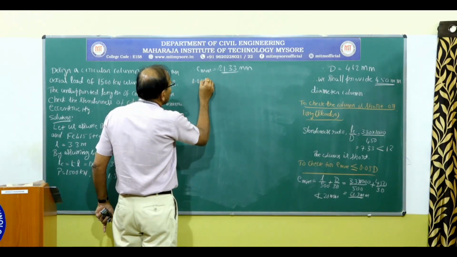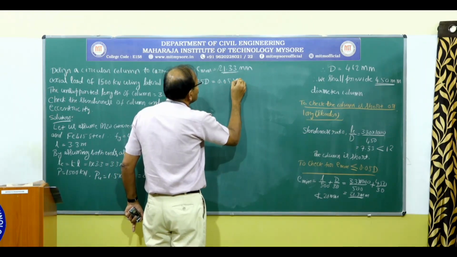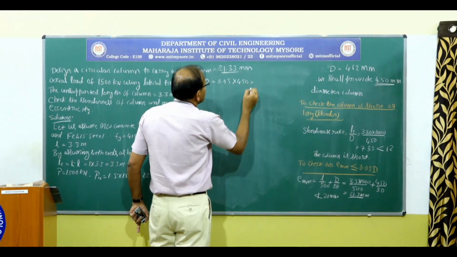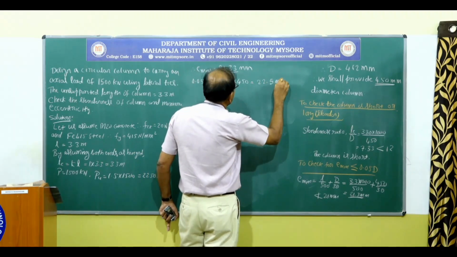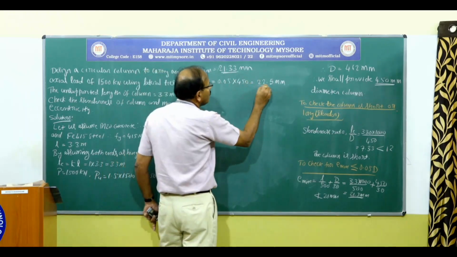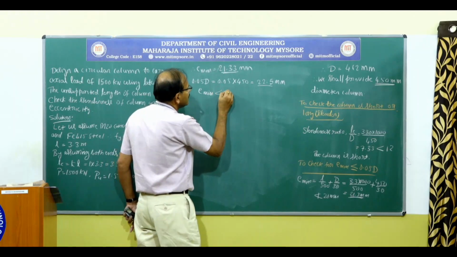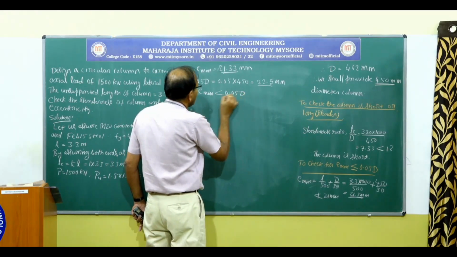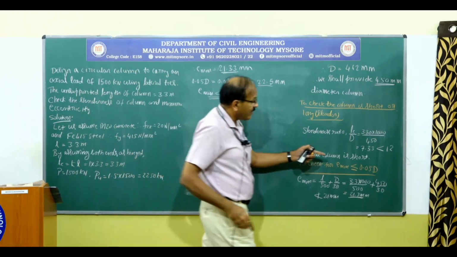Next, 0.05 D equal to 0.05 into 450, that is equal to 22.5 millimeter. So if you check these two values, of course here E minimum is less than 0.05 D. So both the conditions are satisfied.